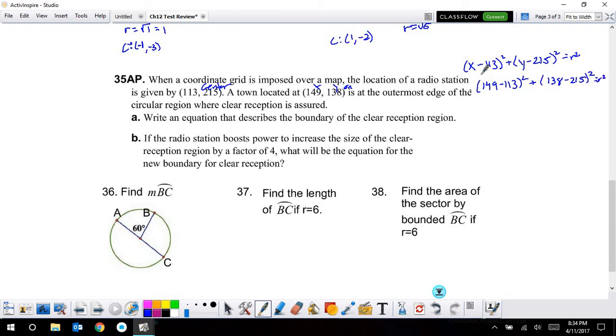We know that's going to be r². So 149 minus 113 is 36 squared, plus 138 minus 215 is going to be negative 77 squared.